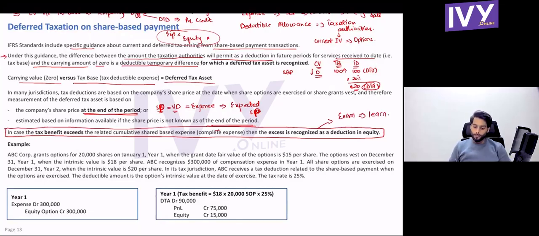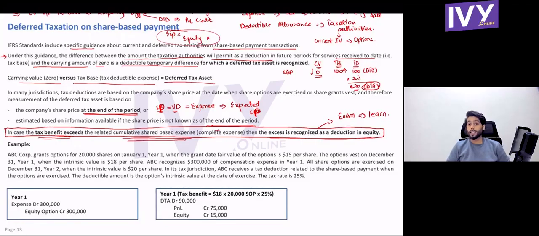IFRS 2 says that if the amount of tax benefit, not the difference, the amount of tax benefit exceeds the cumulative share-based payment expense, then the excess is recognized as a deduction in equity.